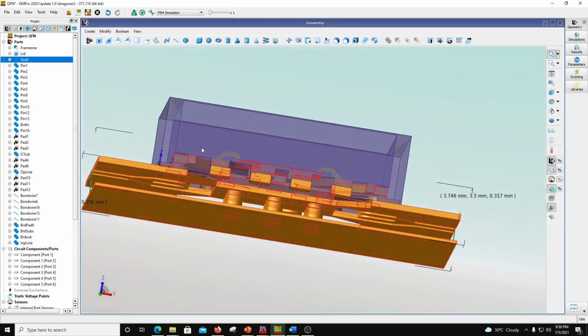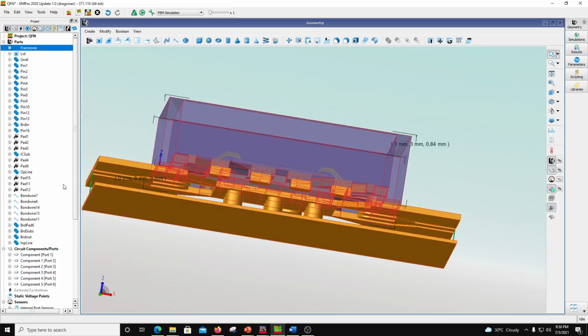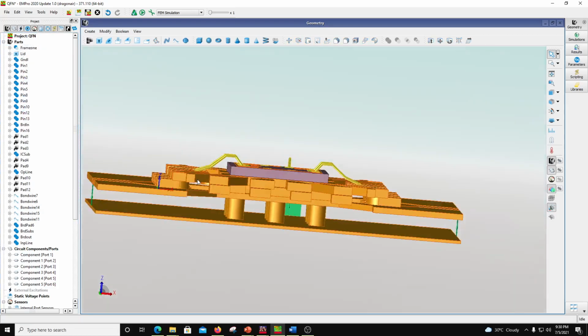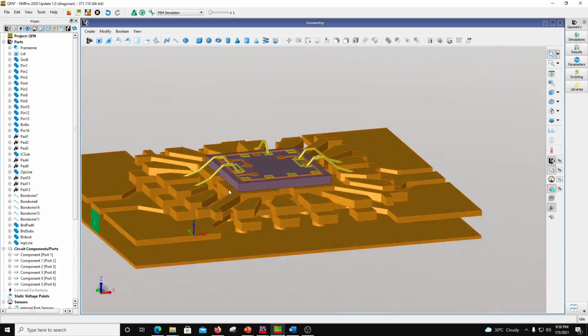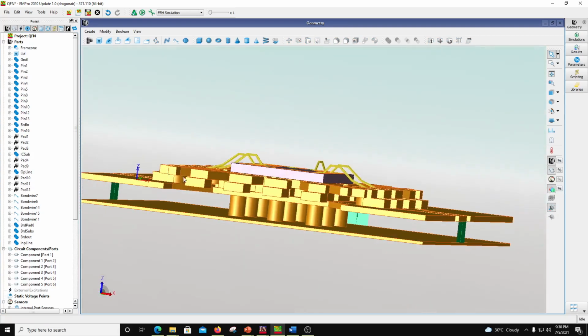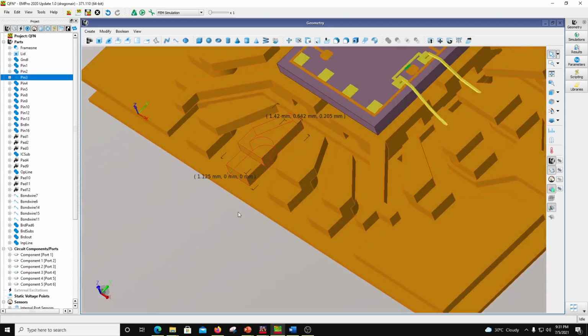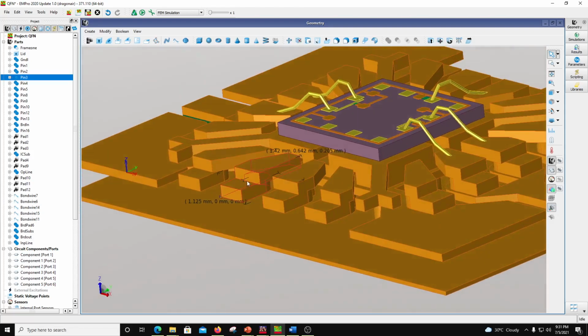And now if you look at ground, so I will even switch off this box. Okay, so let's switch off this box. Okay, so now you see that this is the kind of structure which is a part of QFN. So this is a pin in the QFN, right?